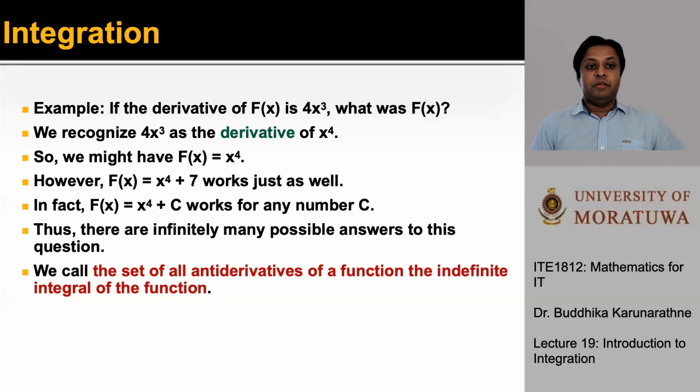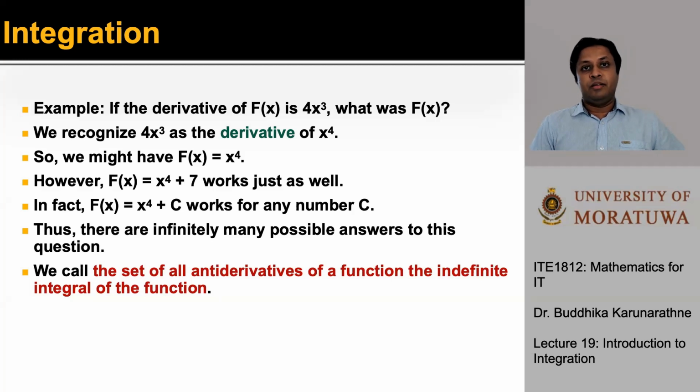We will take an example. Let's say we have a function capital F(x) and the derivative of capital F(x) is 4x cubed. So we are given the derivative and we are required to find F(x). So what was F(x)? We can recognize 4x cubed as the derivative of x to the power 4.